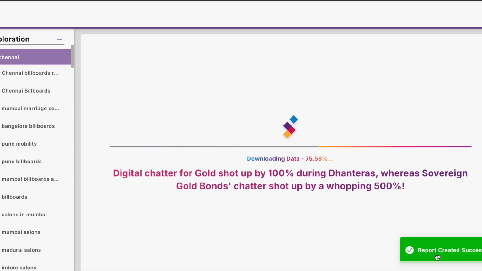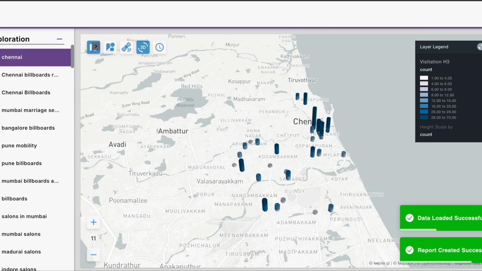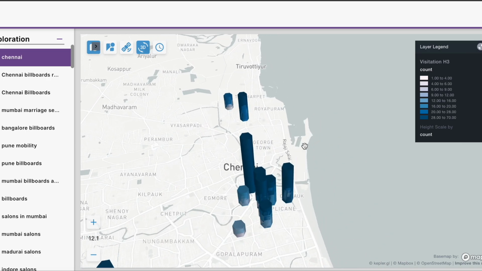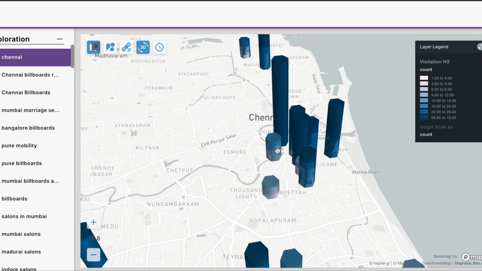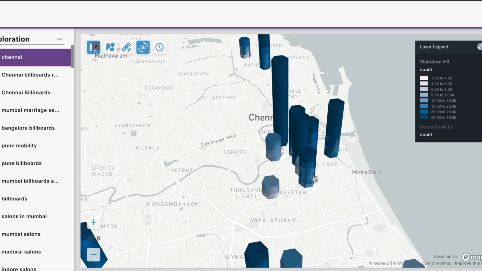And there it is, already ready. We have a ton of billboards, and we can continue to add more. But let's look at this particular area, the Egmore and Marina Beach area, which is more like the commercial area in Chennai. There are some billboards that we have already mapped in Sherlock.